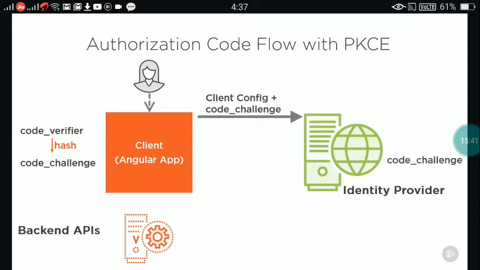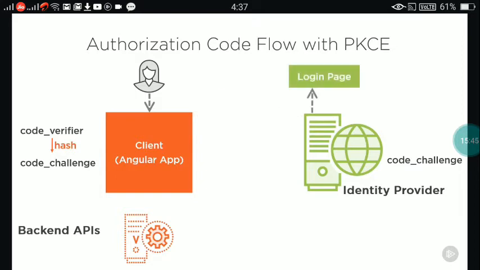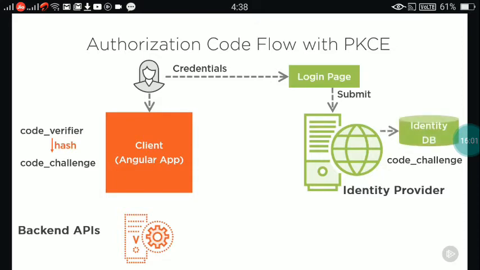The STS will hold on to the code challenge associated with that client, and then will take care of loading the login page if the user does not already have an authenticated session with the STS. The user then enters their credentials in the login page. When that login form gets submitted to the STS, the user credentials are validated, typically by looking up the entered username and password in the STS database or storage.